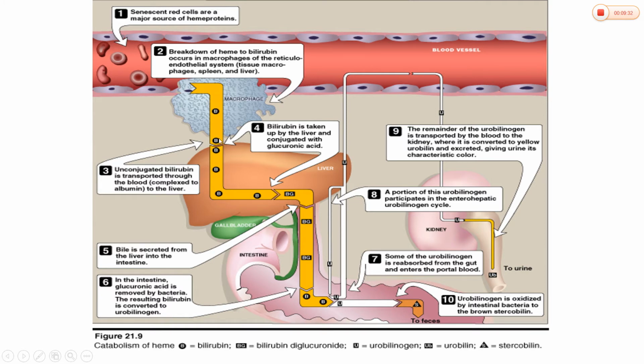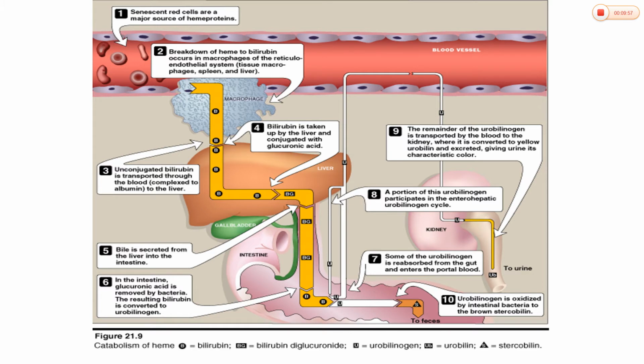This is unconjugated bilirubin, which is transported through the blood complexed with albumin, and it enters the liver. So this is the liver here, and the unconjugated bilirubin from the breakdown of heme is transported through the blood to the liver with the help of albumin.